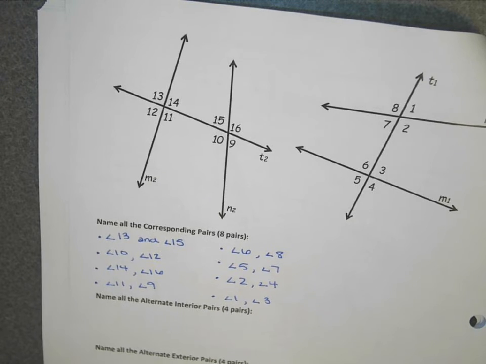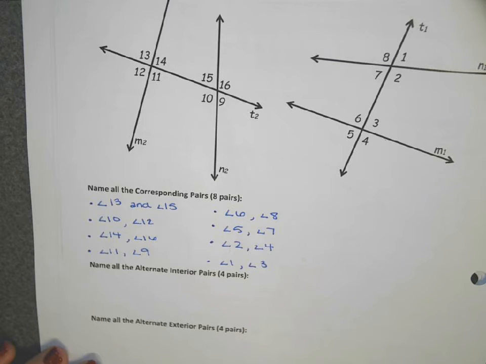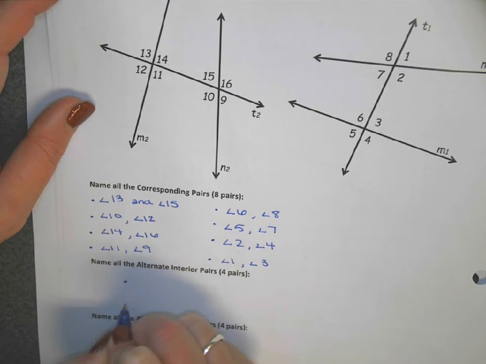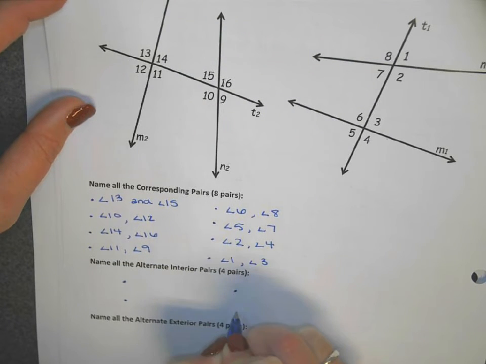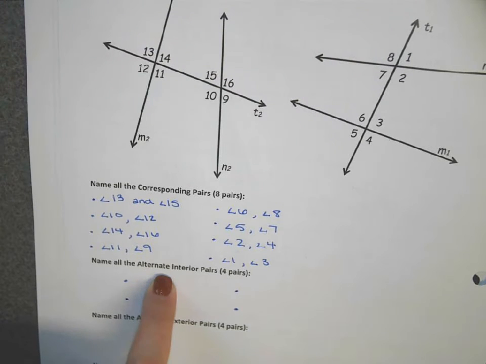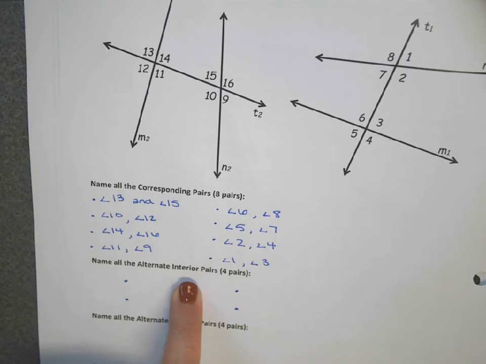The next one is alternating interior pairs, and there are 4 of them. Since there are 2 diagrams, there are going to be 2 pairs on the left one and 2 pairs on the right one. They have to be on alternating sides of the transversal. Okay? They also have to be interior angles.